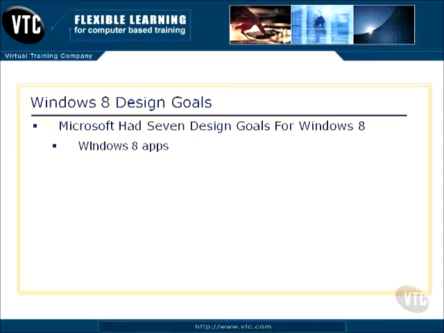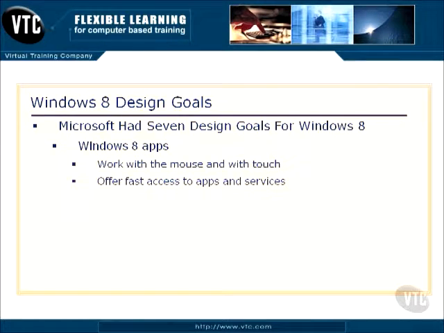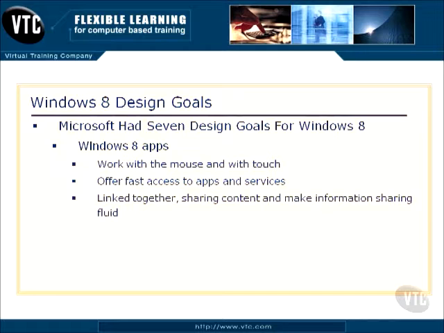The next thing was Windows 8 apps really had to work with both the mouse for the desktop machines and for your finger with the small touch devices and the various form factors. The Windows 8 apps have to offer fast access to apps and services, and those apps needed to be linked together. They need to speak to one another without us having to tell them to do that. They need to share content.